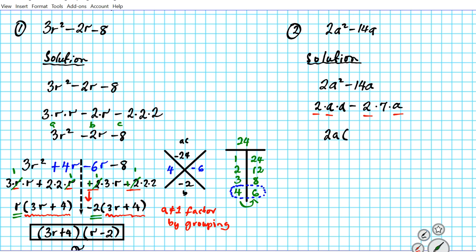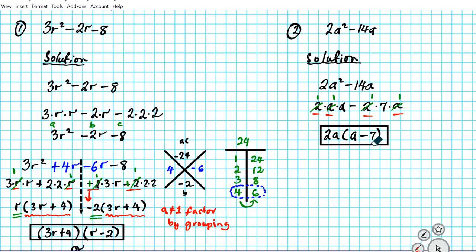So when you factor out a common factor, in this case the GCF, which is 2a, it's as though you're dividing out by that factor. So we have a scenario where 2 is factored out and divided out, and then a is factored out and divided out. So we are left with quantity a minus 7, and that is the complete factorization of problem number 2.